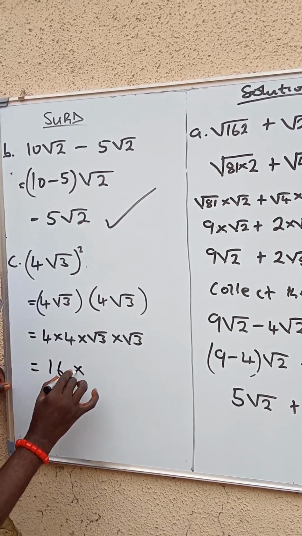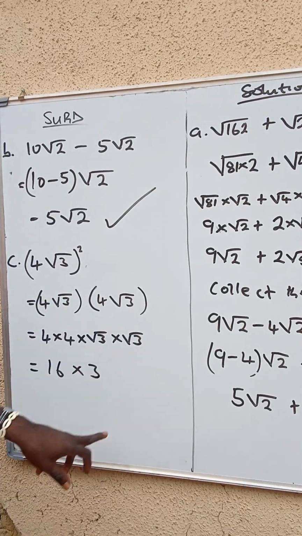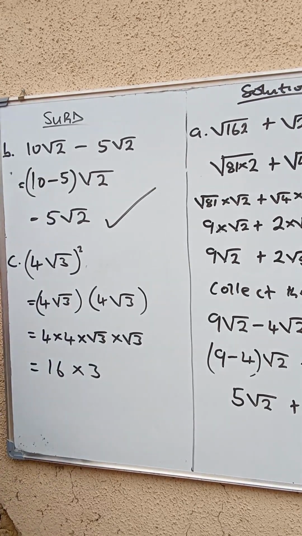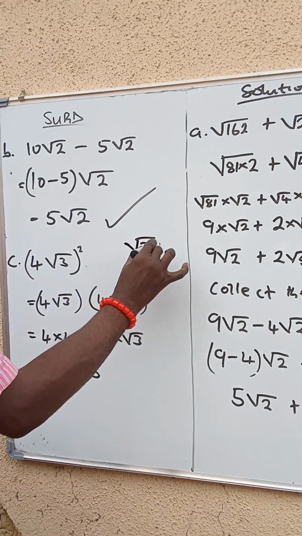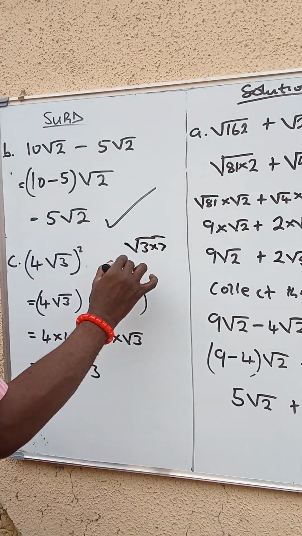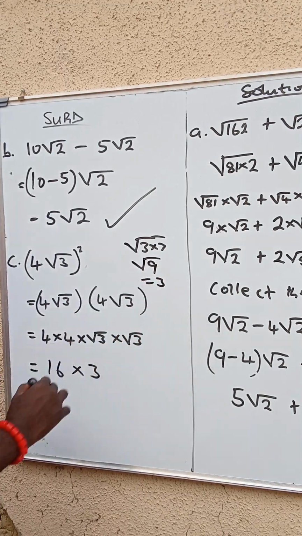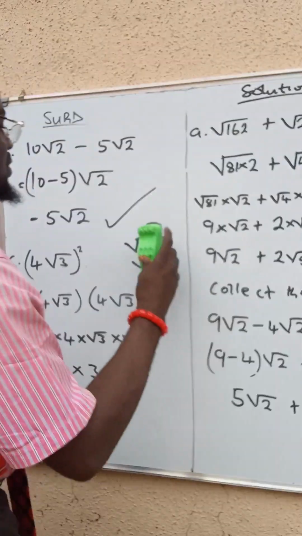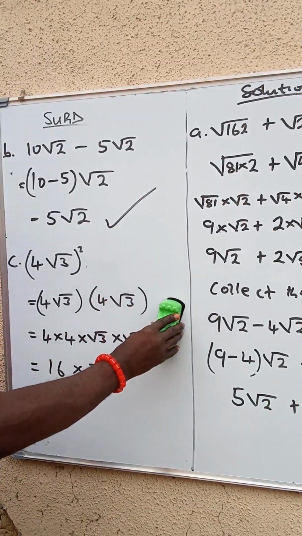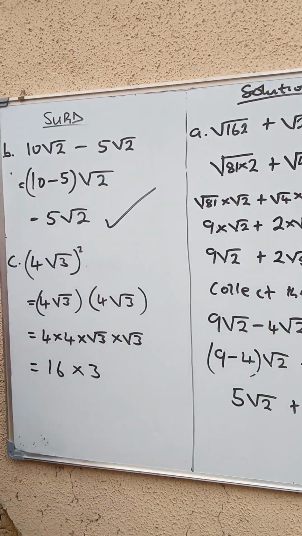I have 16 multiplied by 3. Yes, because root 3 multiplied by root 3 is 3. It's just like when I have the same thing inside, and I say 3 times 3, which will give me 9, and square root of 9 is what? 3. So no need for you to put them inside. Root 3 times root 3 is what? 3. Root 5 times root 5 is 5. Root 10 times root 10 is 10.